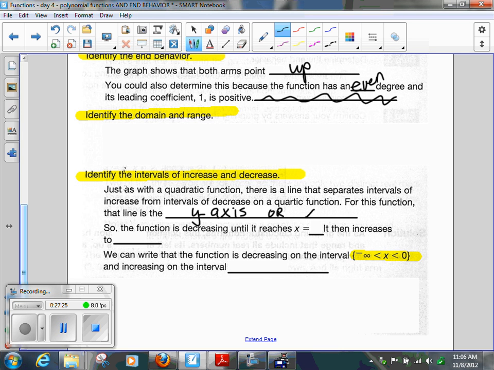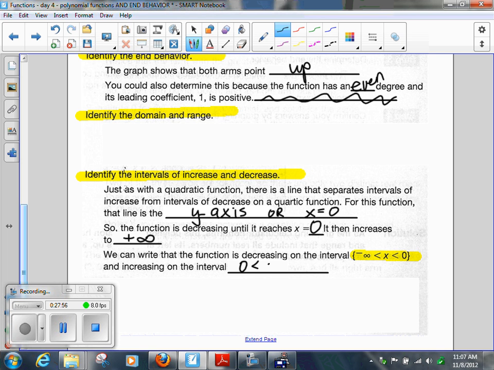X equals 0, which is just strange, but that's what it is. So the function is decreasing until it reaches x equals what? 0, then increases to positive infinity. We can write that the function is decreasing on the interval negative infinity less than x less than 0, and increasing on the interval, we've already written it, what is it?